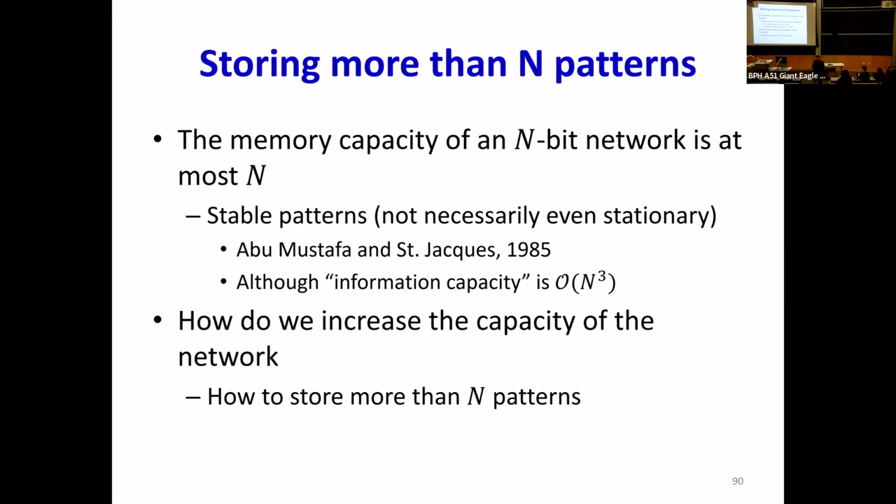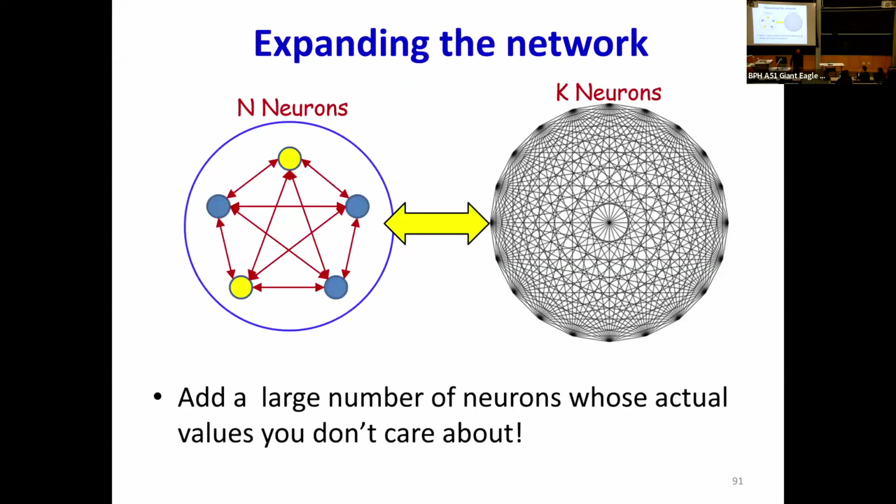So this is where the really creative bit comes in. You can thank Hinton for it. I'm going to take my n neurons and I'm going to pad on a whole bunch of don't care bits. I'm going to take my n-bit patterns and say that in addition to these n bits, there are a large number of extra bits whose value I don't really care about.